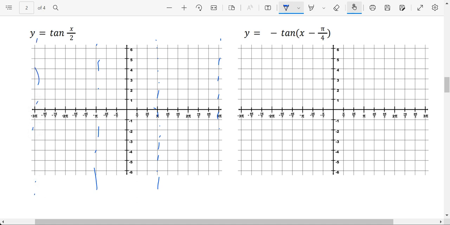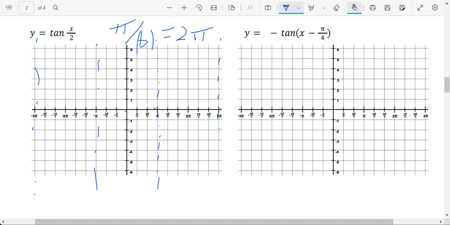So if I ask you what the period is, period for tangent and cotangent and secant and cosecant is always pi divided by the absolute value of b. Your b value is 1/2, so your period is 2 pi. So look, your period for tangent, cotangent is always going to be what's in between your asymptotes right here, right? So nothing else changed.